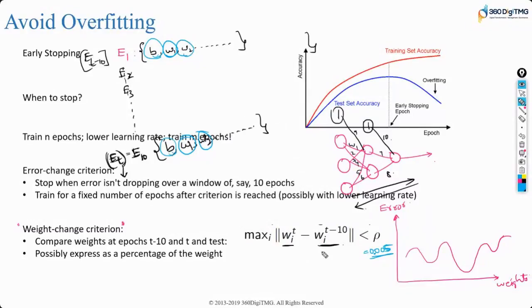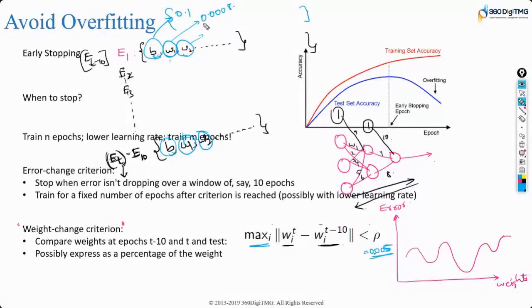Subtract all of those and keep calculating the difference. Take the maximum of those differences. So say if you subtract these two biases, you got a value of maybe 0.1. If you subtract W1 and W1, maybe it is 0.0008, and so on.